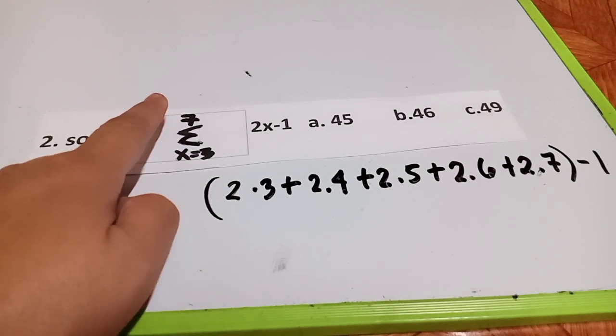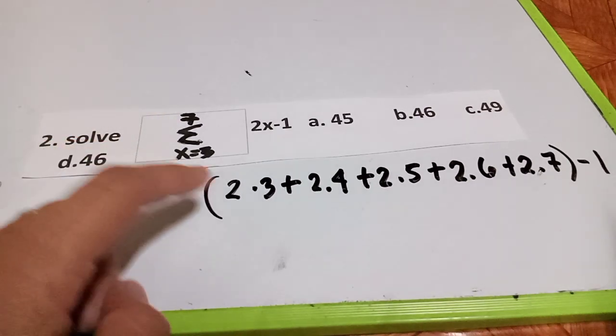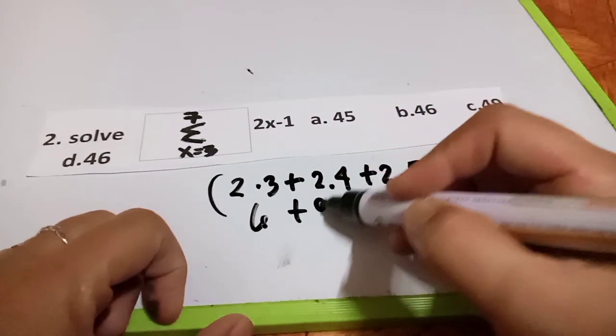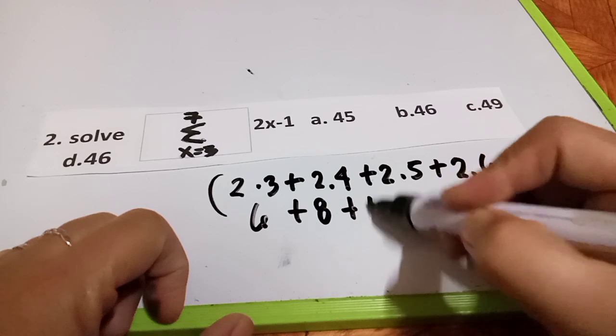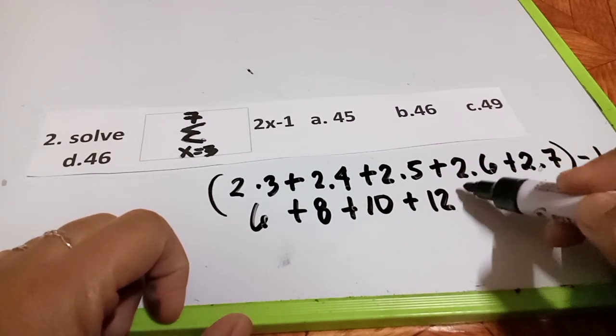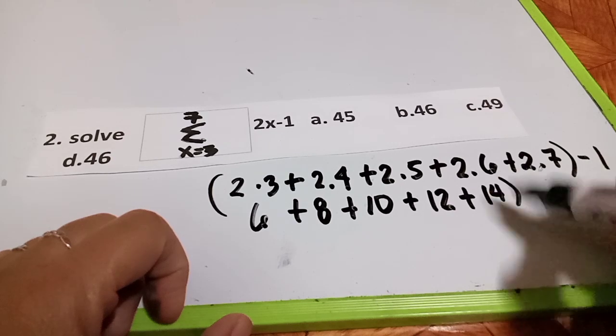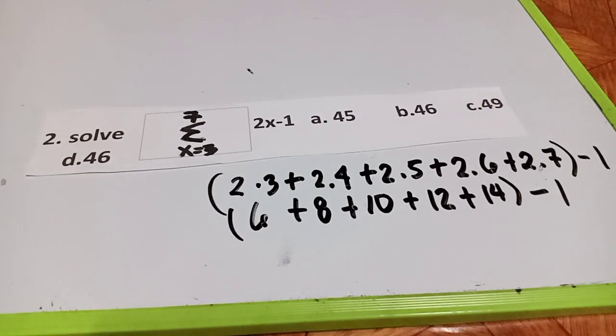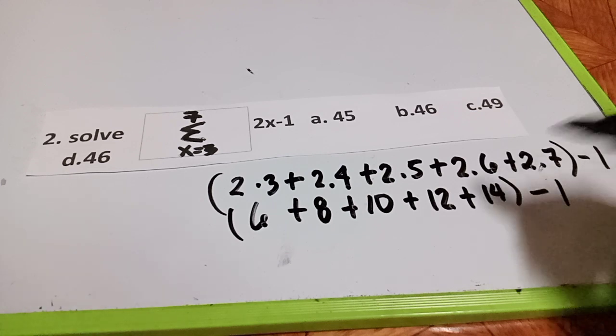And again, 2 times 3 will become 6, plus 8, plus 10, plus 12, plus 14, and then minus 1. So 6 plus 8 plus 10 plus 12 plus 14, and then minus 1.